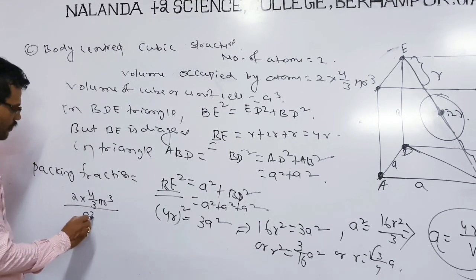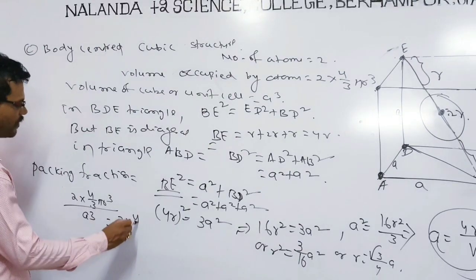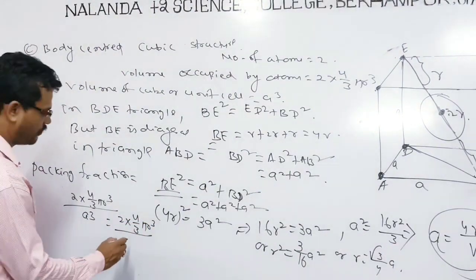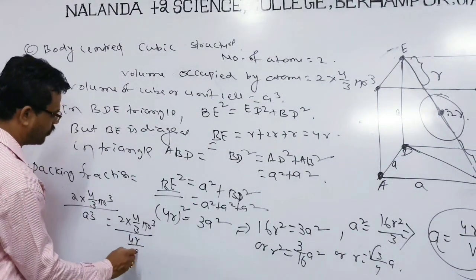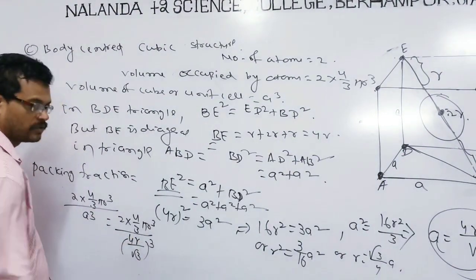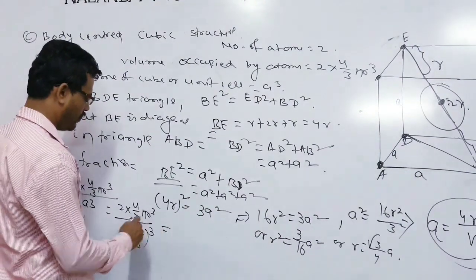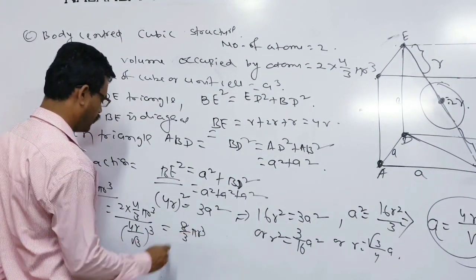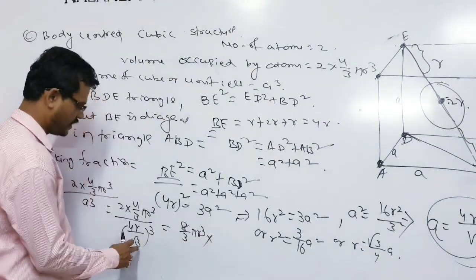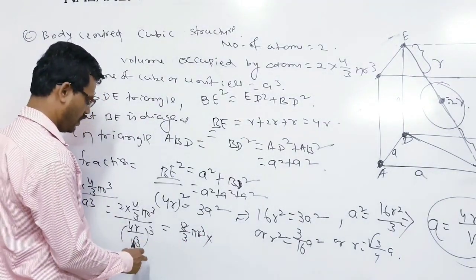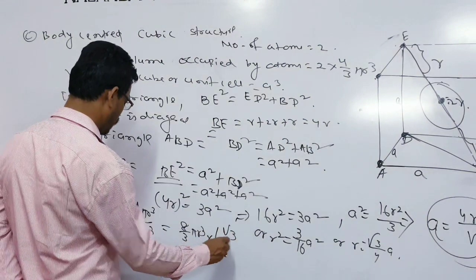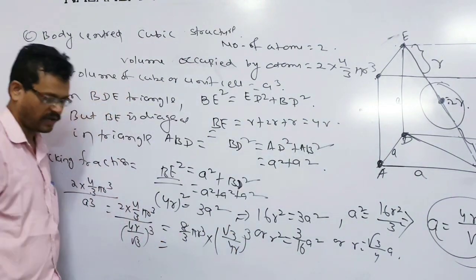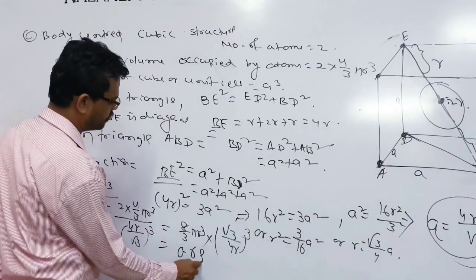So 2 times 4/3 pi r cube divided by (4r by root 3) cube. Now we solve it. We get 8/3 pi r cube multiplied by (root 3 by 4) cube over r cube. Then finally we get the answer.